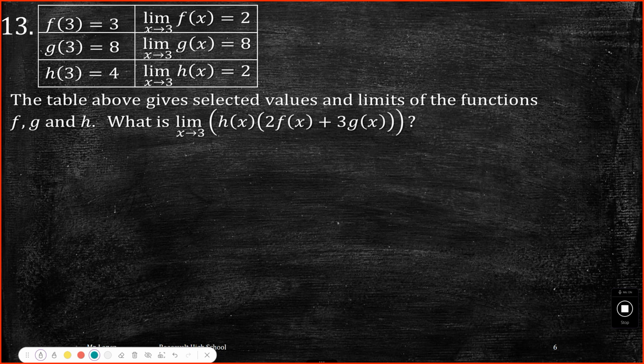Okay, so they're giving you these values, and so you know the difference. For an input of 3, the output is 3, which is way different than what we're saying here about the limits. The limit is something else. So know the difference between them. The table above gives selected values and limits of the functions f, g, and h. What is the limit as x approaches 3 of h of x times 2 times f of x plus 3 g of x in parentheses?